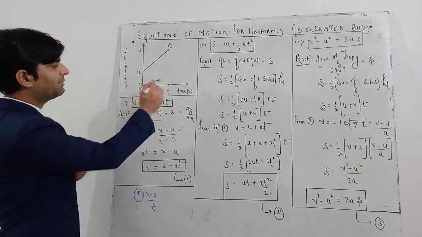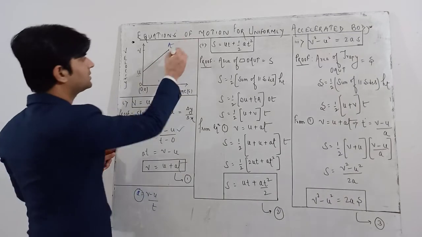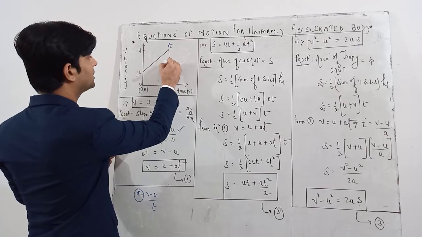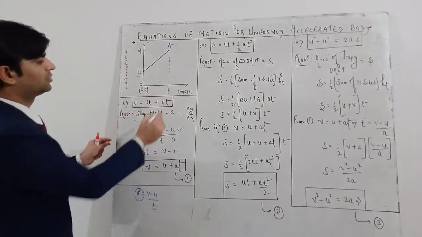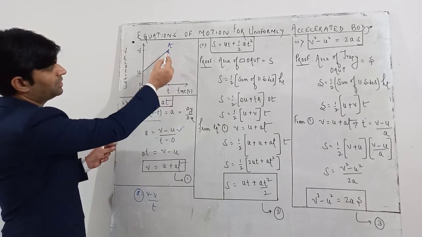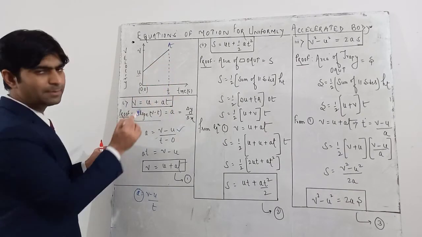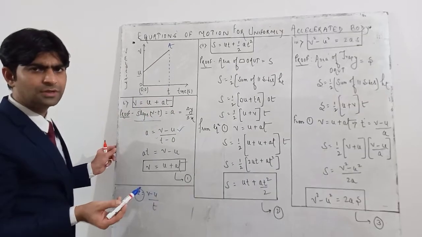Now if you see the time axis, this is the ending point. If you join this line, it is like this. So point A is at T: corresponding to point A, I have taken time T, and here it is 0, that is the origin.